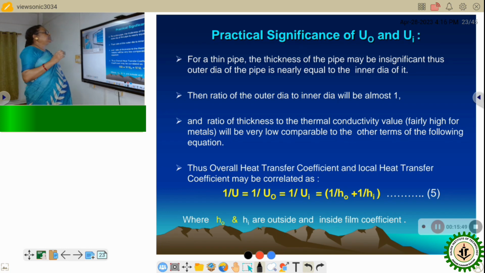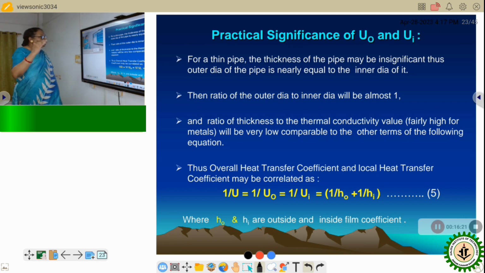What is the practical significance of Uo and Ui? For a thin pipe, the thickness of the pipe may be insignificant. Thus, the outer diameter of the pipe is nearly equal to the inner diameter, and therefore the ratio of the outer diameter to the inner diameter is almost 1. And the ratio of the thickness to the thermal conductivity, which is fairly high for the metallic case, will be very low compared to the other terms of the equation.